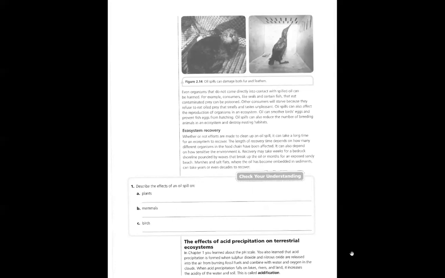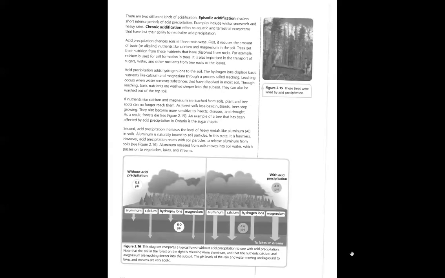We have terrestrial or land-based ecosystems. We talked a lot about acid rain and the effect that acid rain has on these ecosystems, what it does to trees in particular, and then how those different chemicals and acid rain can go into the soil and into the water supply, and what happens when it does that.